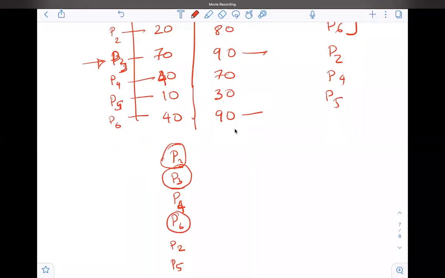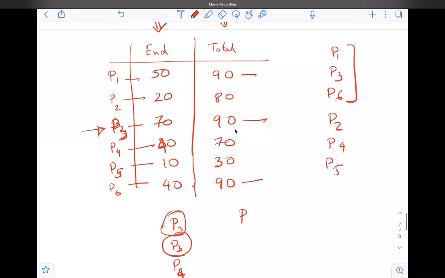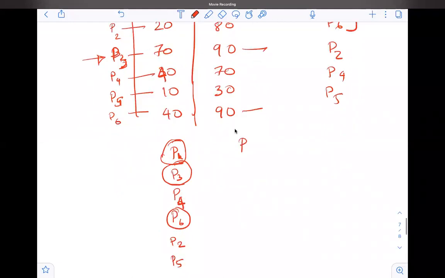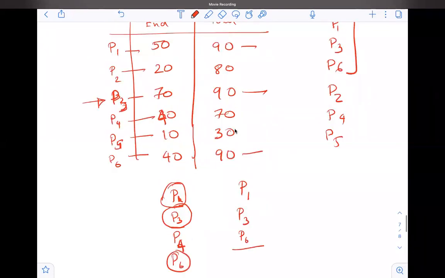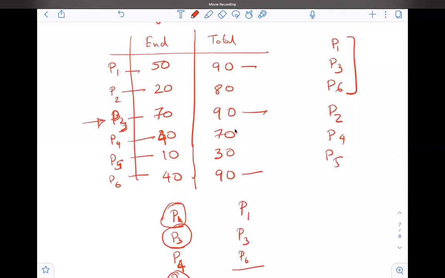When I sort it based on total, it would put P1, P3, P6 above everybody, but in the order in which it is already sorted. No, maybe I made a mistake here. It should be P3, then P1, P6.